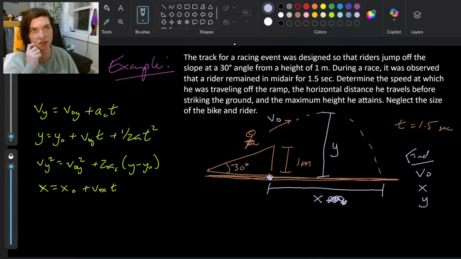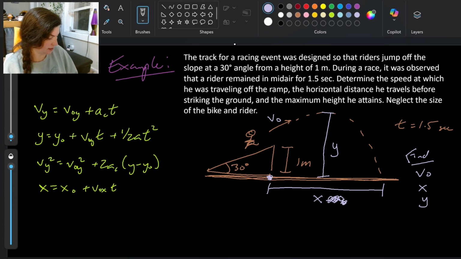So we want to find the maximum height, the distance, and the initial velocity, given that we have a time. And a time is kind of the only thing we have that's outside of this diagram. You can start with any one of these.